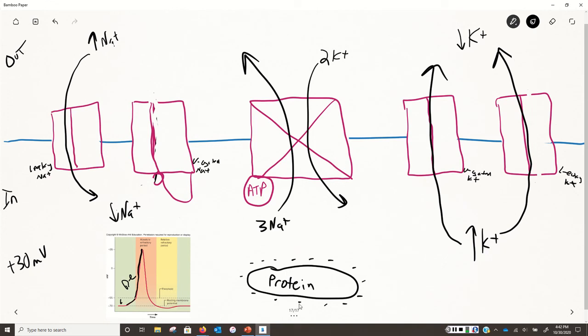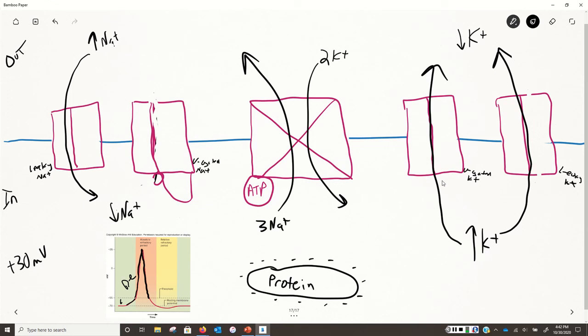So, back on our graph, why don't we continue to rise? Well, because of the voltage-gated sodium channel. Why do we start to see this drop? Well, because potassium is leaving the cell at a faster rate. We made the cell more permeable to potassium.